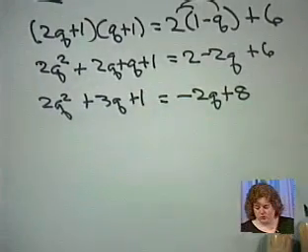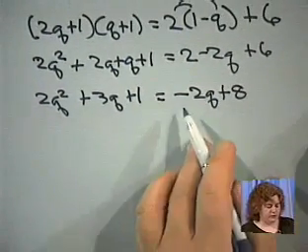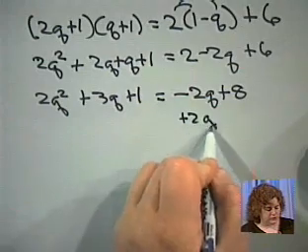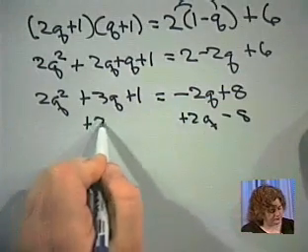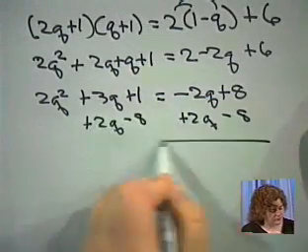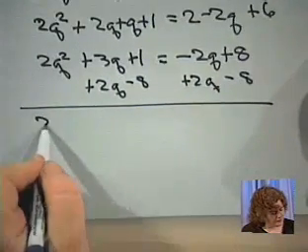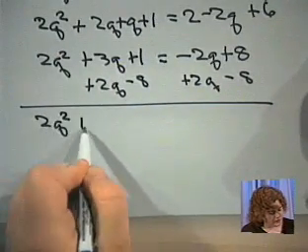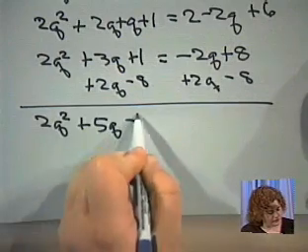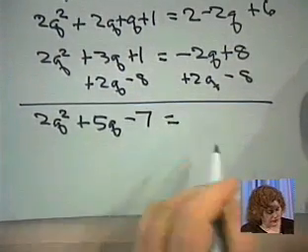Now, I'm going to move these to the other side, so I'll add 2q and I'll subtract 8. And I will have 2q squared plus 5q minus 7 equals 0.